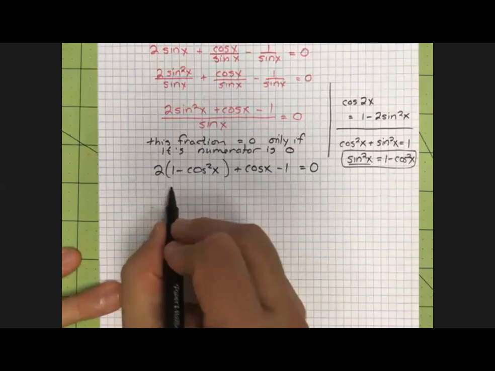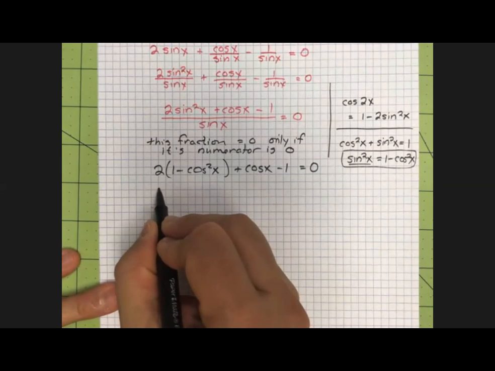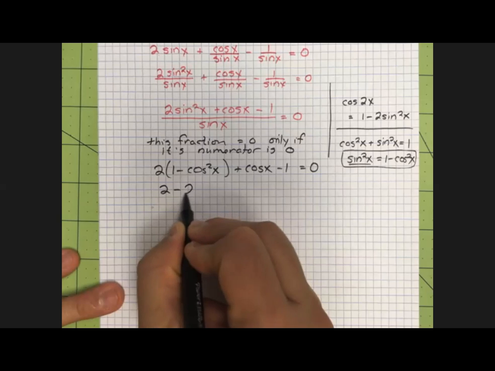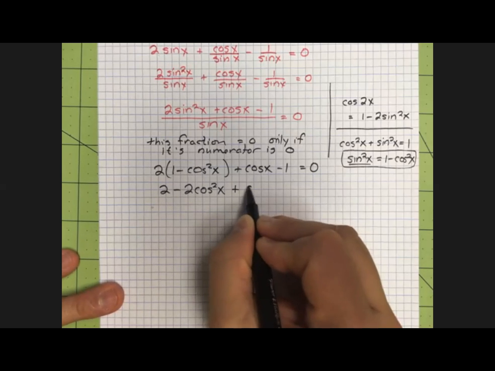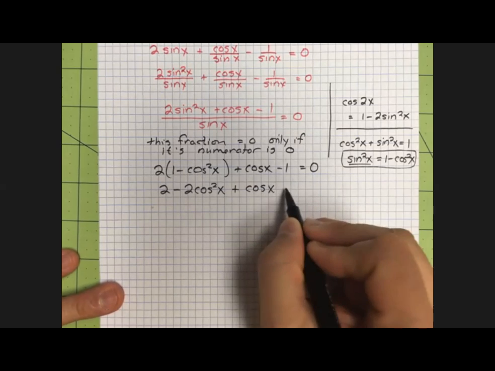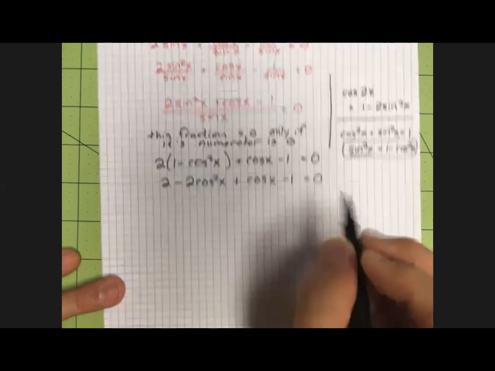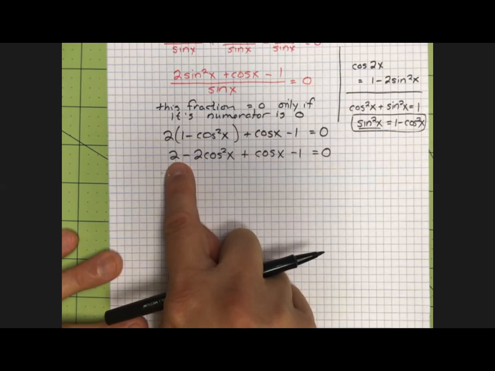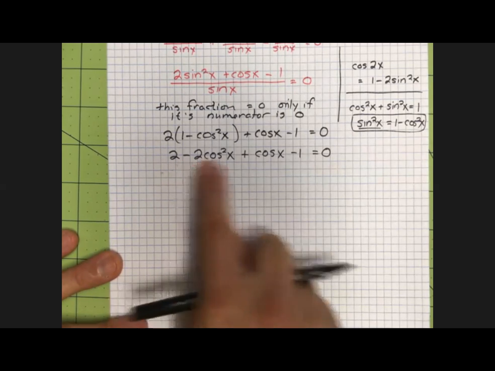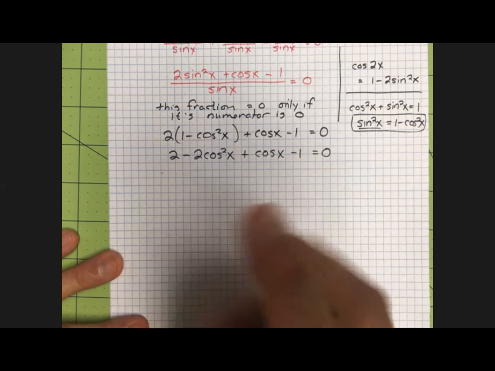Okay, let's multiply that out. And I get 2 minus 2 cosine squared x plus cosine x minus 1 equals 0. We're going to look at a quadratic expression. I'd like to lead with a positive number, but first let's combine the 2 and the negative 1.